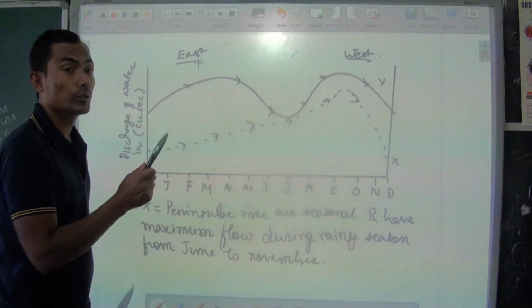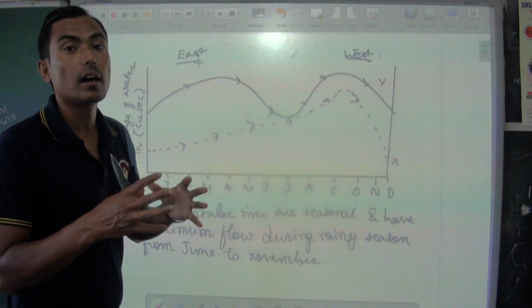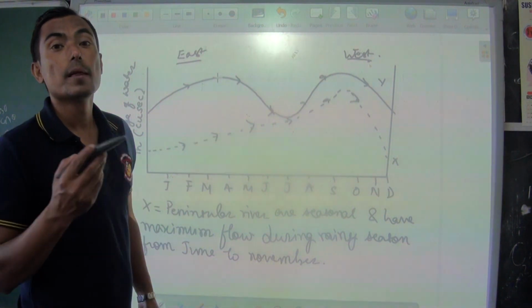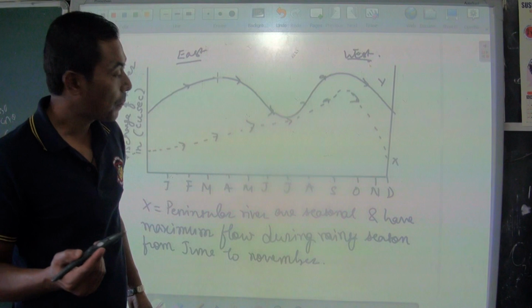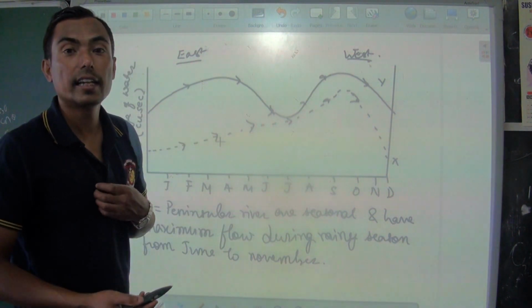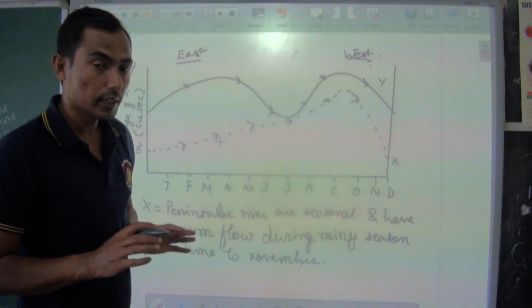So a comparison has been made with the northern river, which is perennial in nature, and these dotted lines indicate the rivers of peninsular India.